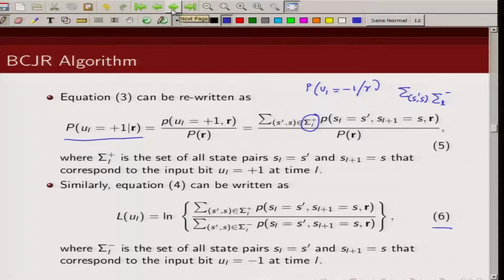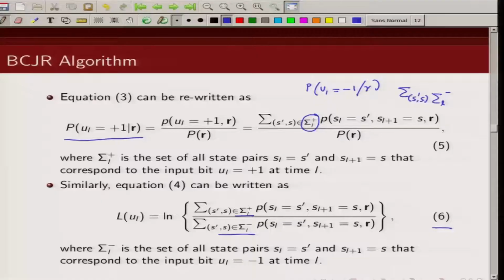This summation is now only over valid transitions corresponding to UL being +1, and this summation is over valid transitions corresponding to UL being -1. So, I have simplified my equation number 4 in equation number 6, and I have used the state diagram or the trellis diagram of the convolutional encoder to simplify my expression. So, this will be my a posteriori probability, the log-likelihood L-value, the a posteriori probability.